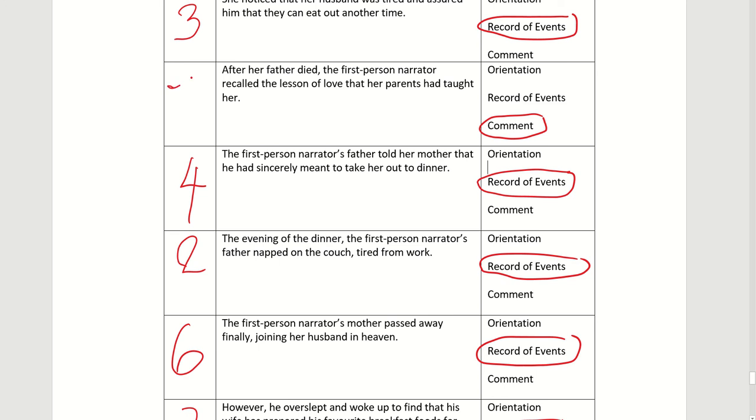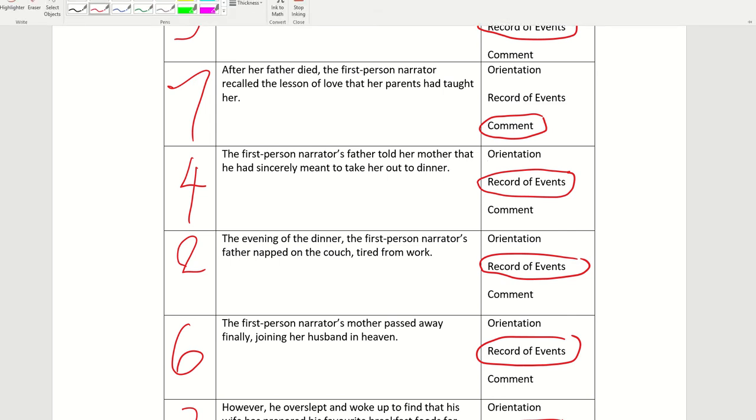And lastly, after the father died, the first person recorded the lesson the father had taught her. Okay. Did you get that?